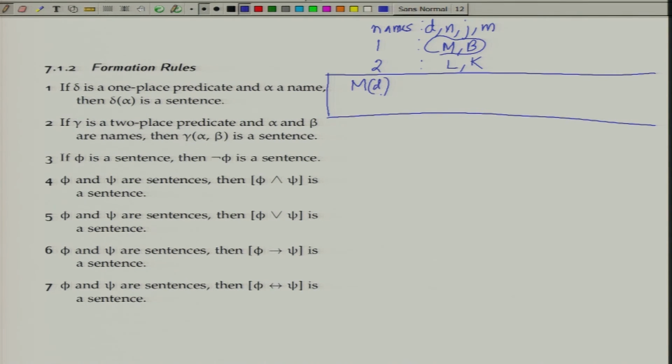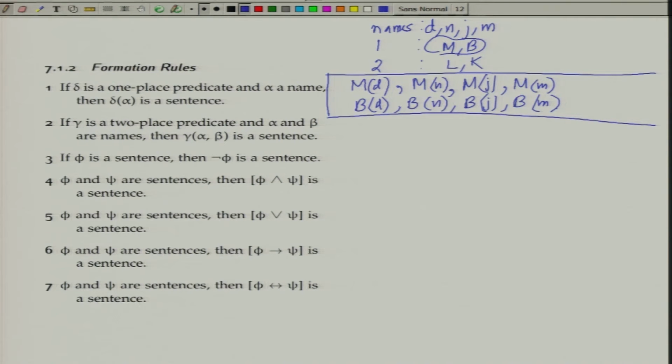So MD is a sentence, or MN is a sentence, MJ is a sentence, or MM is a sentence. And now if we take B, it will be BD, BN, BJ, and BM. So as far as the one place predicates are concerned, you cannot make any more sentences, only 8 sentences you can make.